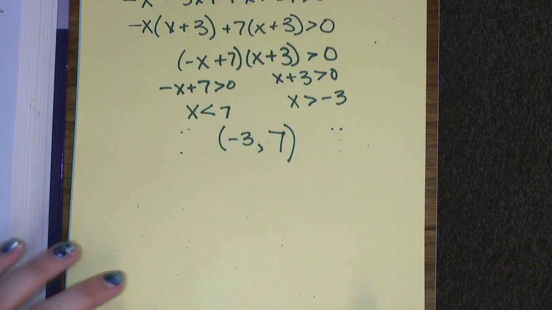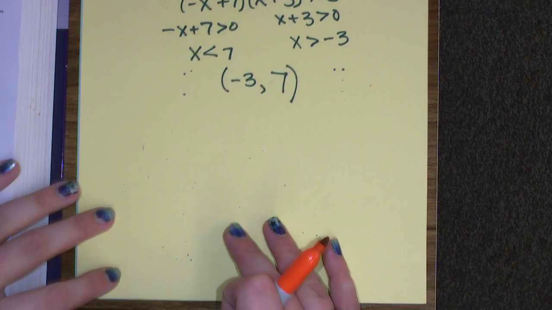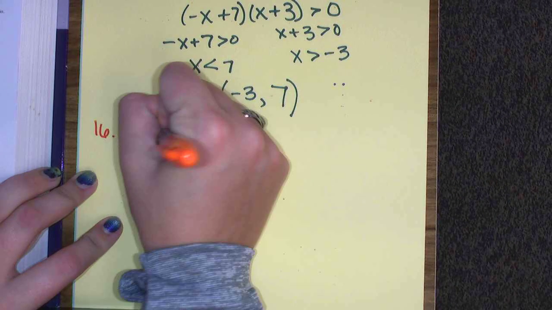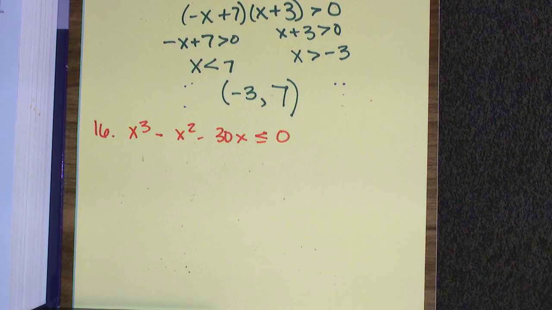Do we want to do another one? Yes. x cubed minus x squared minus 30x is less than or equal to 0. What can I do with this one?